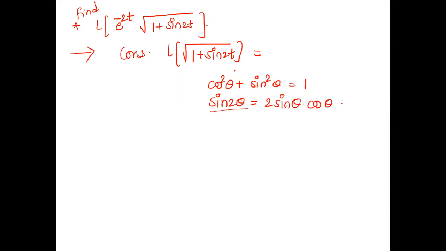So whatever formulae we know, we'll write them. So it is Laplace of root. Wait for one. Okay, one is as it is there. Sin 2t, I'll write 2 sin t cos t. Because I know sin 2 theta, I have written sin 2 theta as 2 sin theta cos theta.